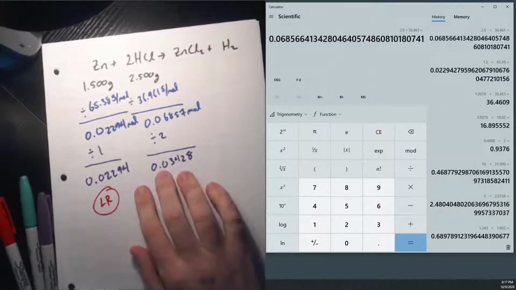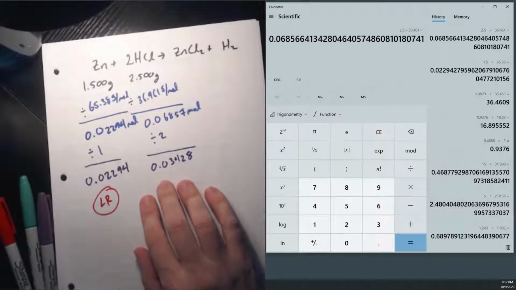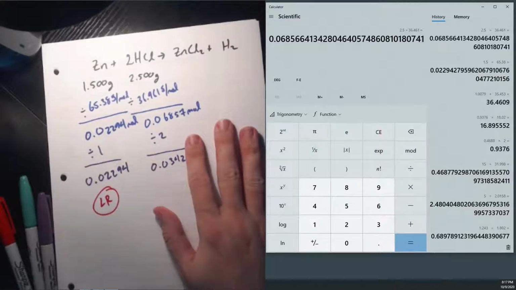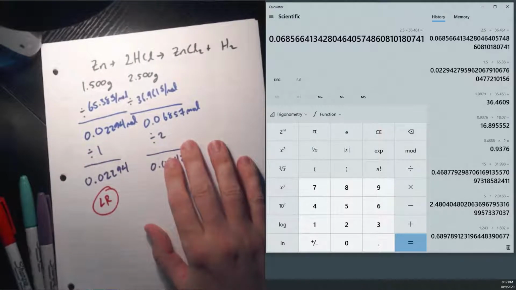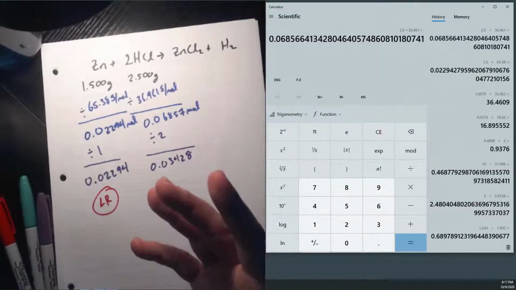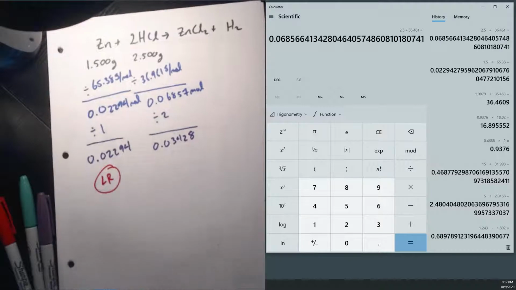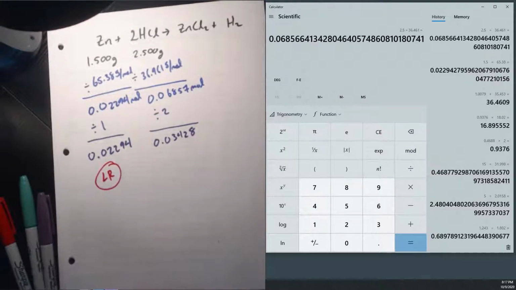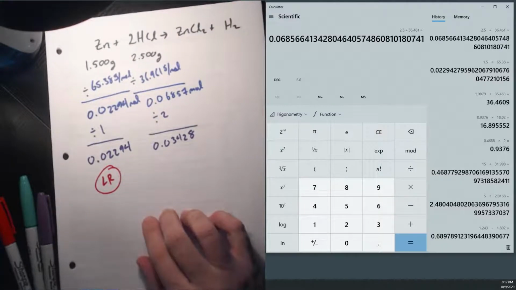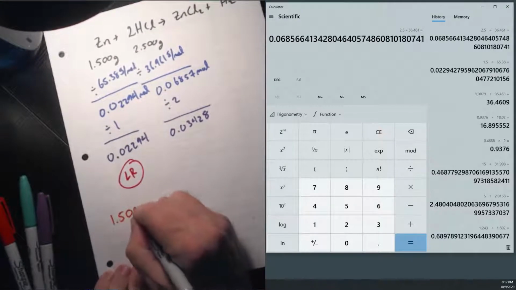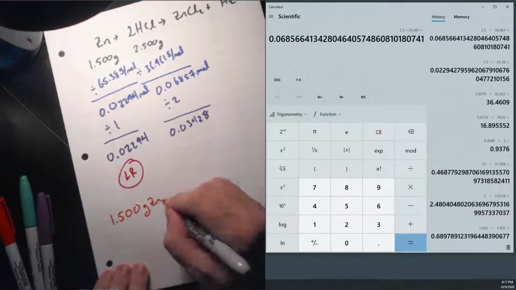The reason I like to do it this way, mostly it's because it's the way I've always done it, but it works better if you had like 3 or 4 reactants, you could compare them all side by side that way. Because you can also instead compare them more directly. So say we have 1.500 grams of zinc.